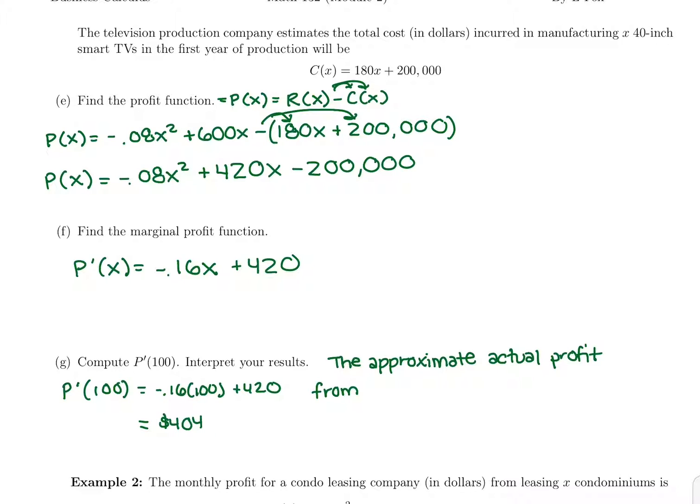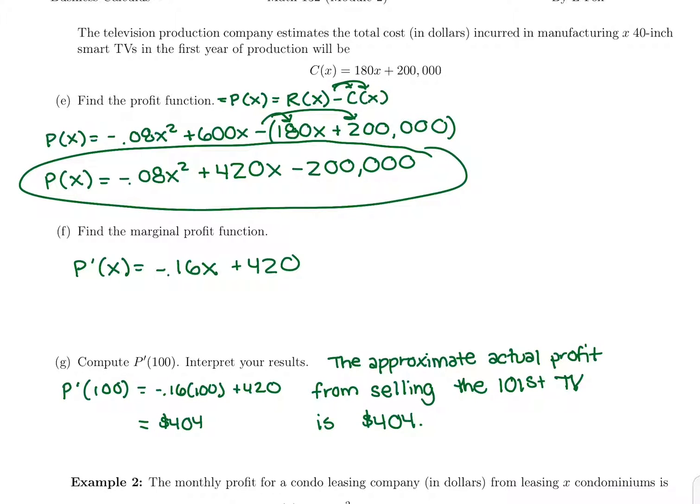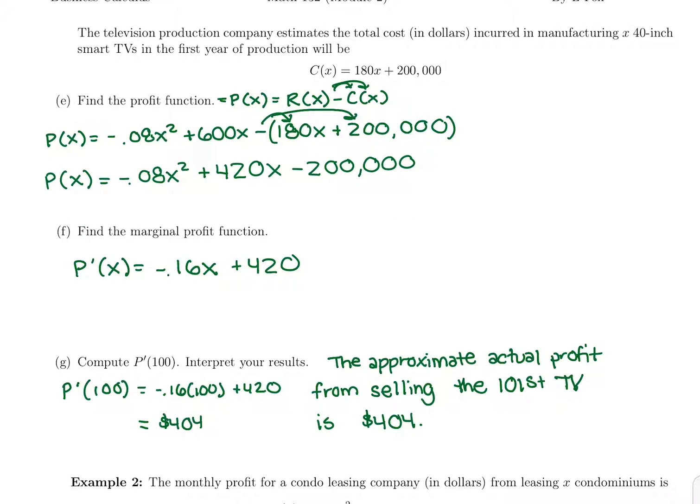So the approximate actual profit from selling, and it's always the next unit. So the 101st TV is $404. So instead of having to plug in P of 101 minus P of 100 into this long original function, we just take the derivative, plug in, and we want to remember marginal approximates actual for the next unit. So this marginal of 100 being 404 means the approximate actual profit from selling just the 101st TV is $404.